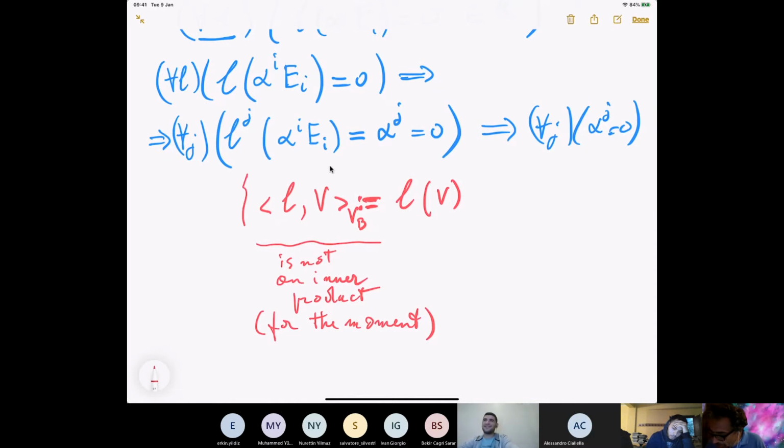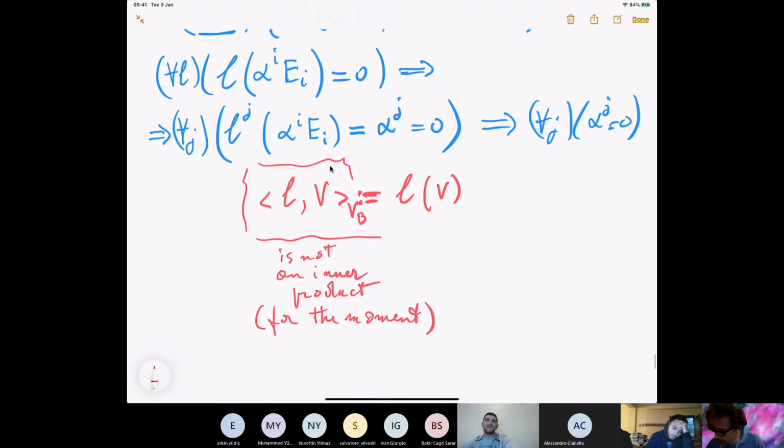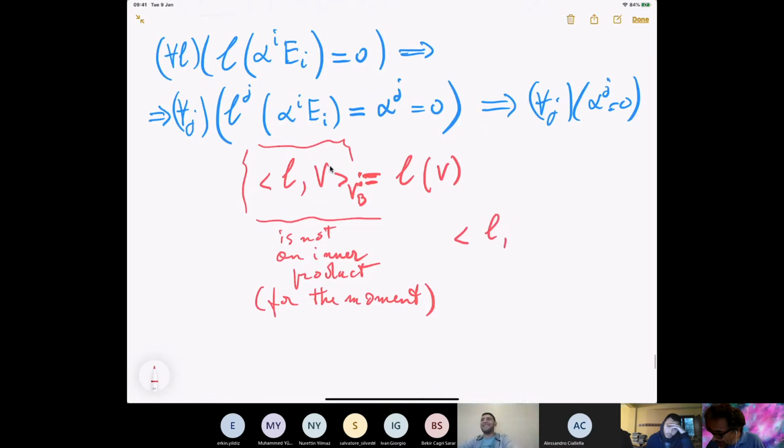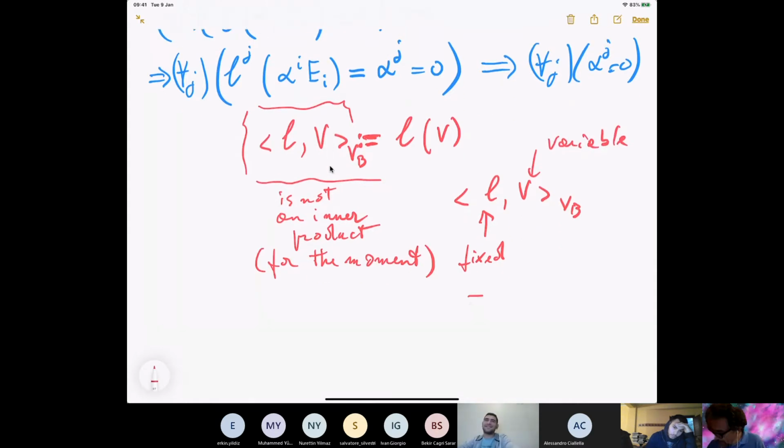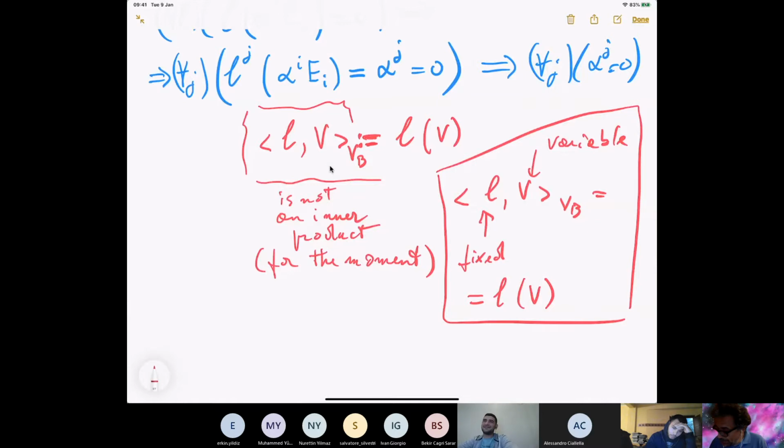Why is this notation meaningful? Because here you can have L fixed and V variable. In this case, you have L of V, the linear map which maps every vector V into a real number.